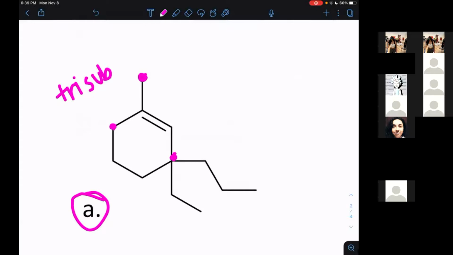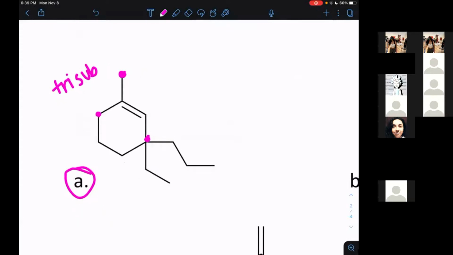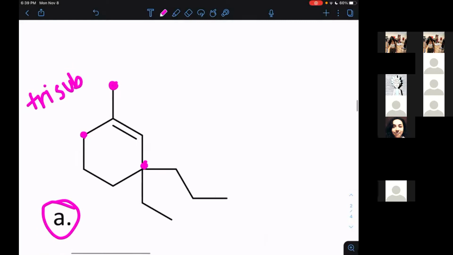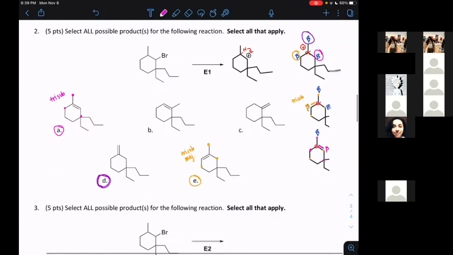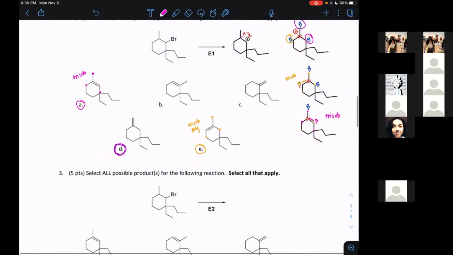You're looking at what carbons are attached to your beta carbons. That's how you know if it's mono, di, or tri substituted. But that's just for your R, that's just an R chain. You're just counting the carbon. It doesn't matter if there's a hydrogen. Oh, okay. I didn't know. Thank you so much. Okay, cool.